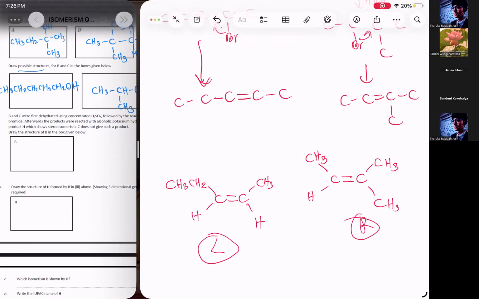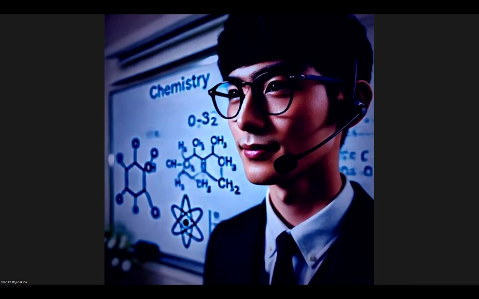Left or right? Left or right? Come on. Who shows geometric isomerism? Come on, everyone. Sanduni, yes, you told left.